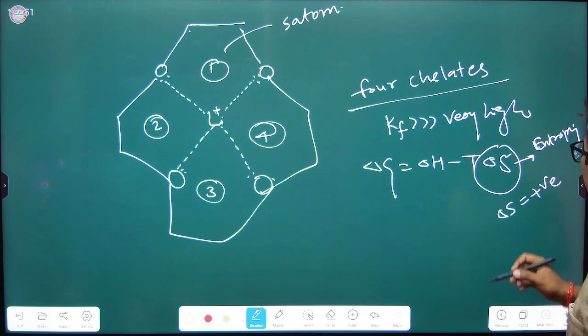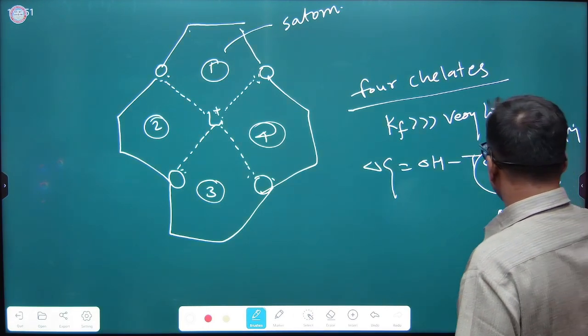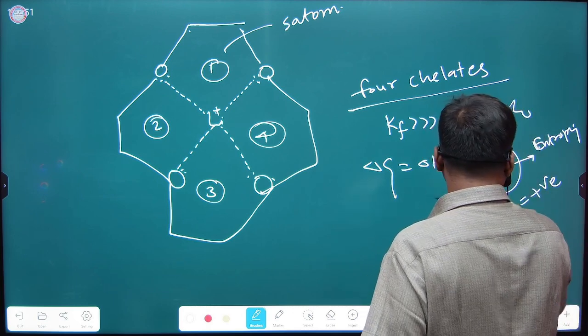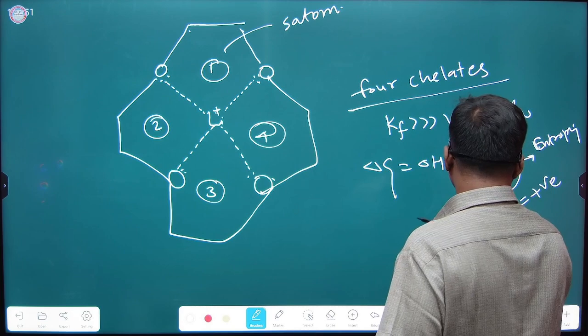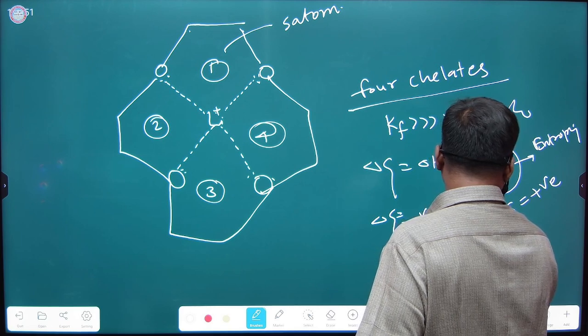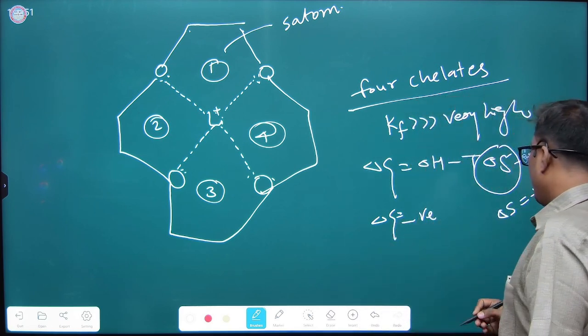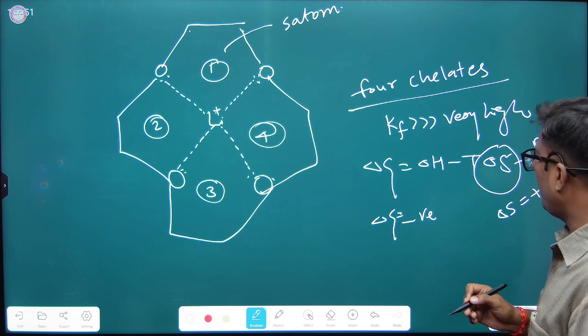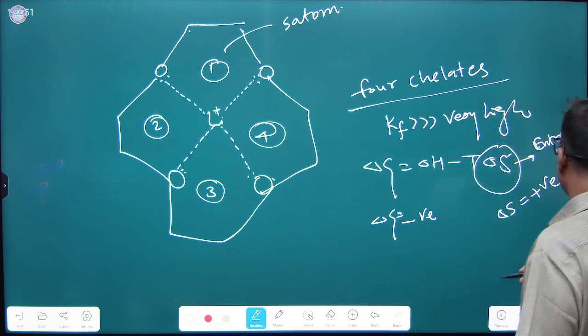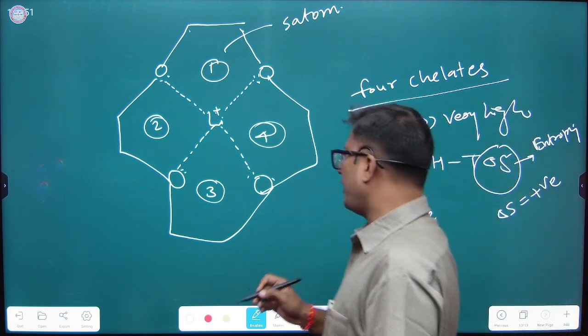So if more positive entropy, then the overall subtraction of these parameters will be more negative. More negative free energy confirms the formation of this complex because of the entropy factor.